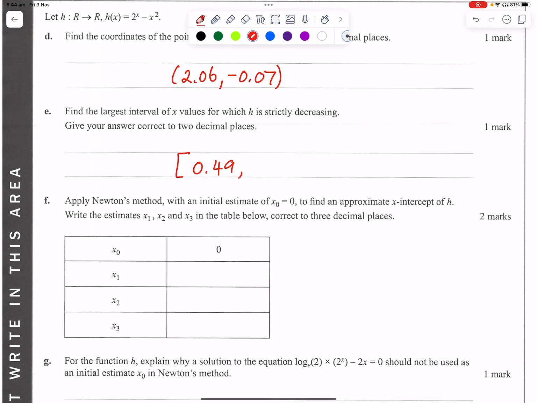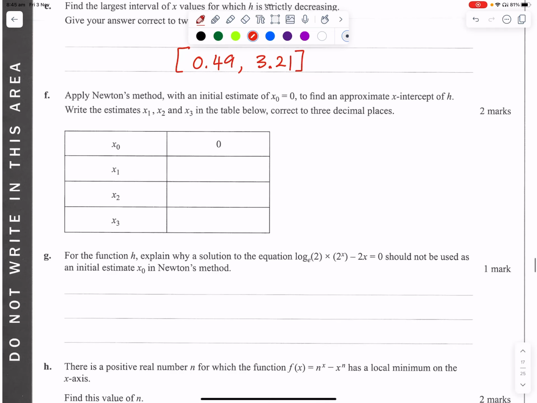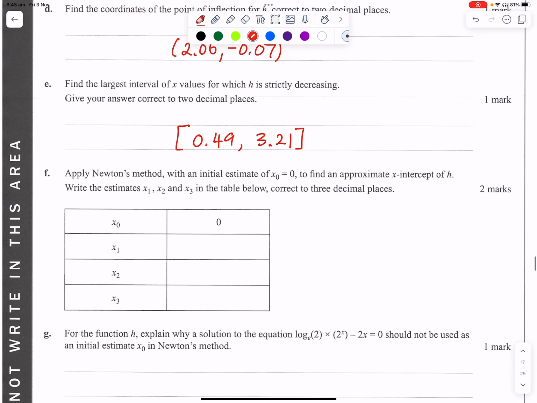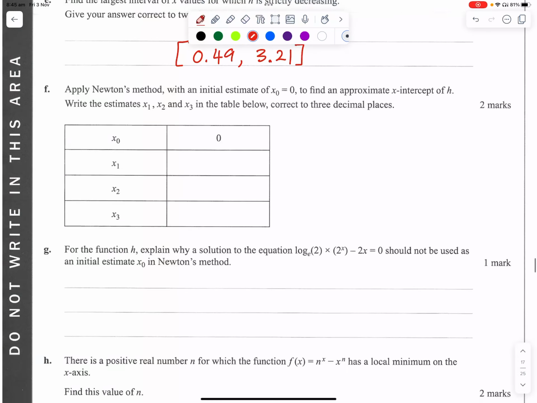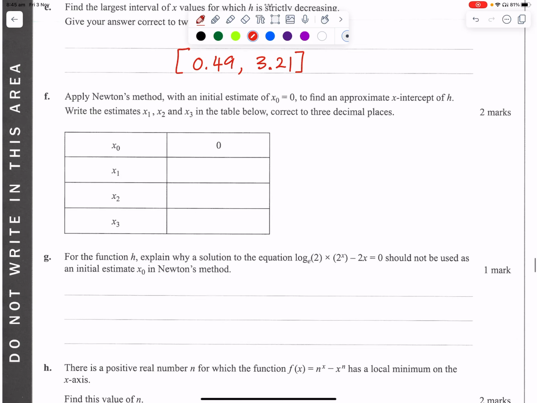I guess this fits both of those values, and it includes those values, but it's a stupid question because you'd need exact values. I don't like that question.